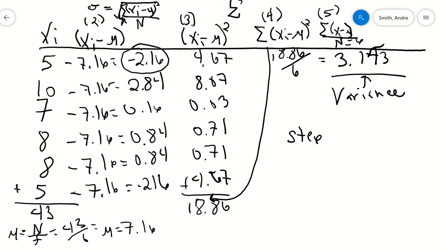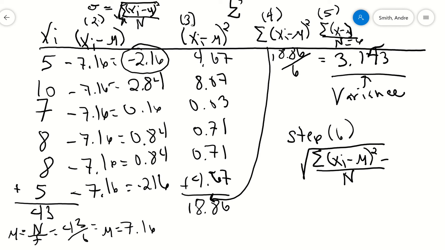So step number 6 calls for us to take the square root. Our entire formula looks like this, right? The square root of the sum of x sub i minus mu, squared, over n. So we have everything in the square root, and we know that everything in the square root is 3.143.